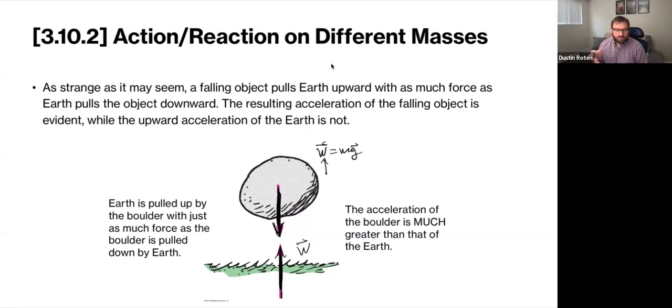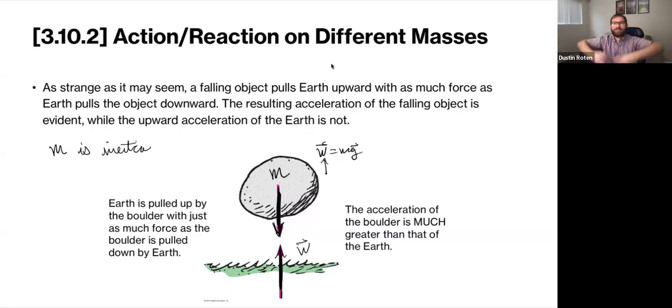So the question might be, why don't we feel the earth go up? Well, think about the masses. Remember how mass or inertia is sort of like the laziness of an object. Well, if we think about the mass of the boulder, that's pretty small.